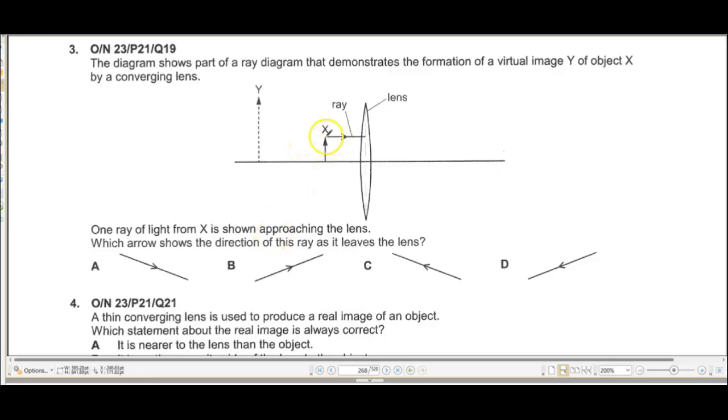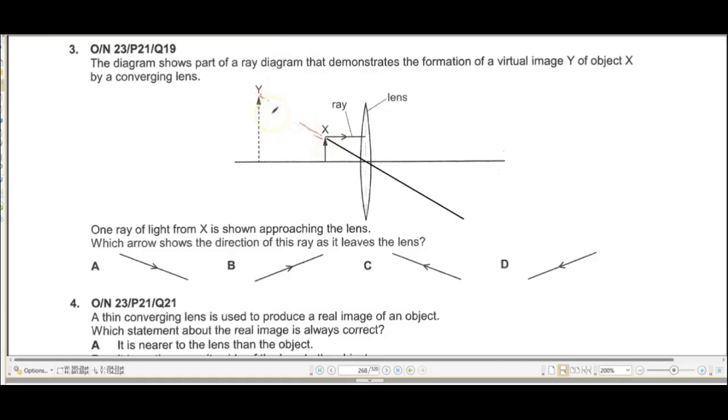Okay, so obviously one has been shown, so the other is going to be, let me make it for you, this which passes through the optical center, and then both of these can be traced back like this.